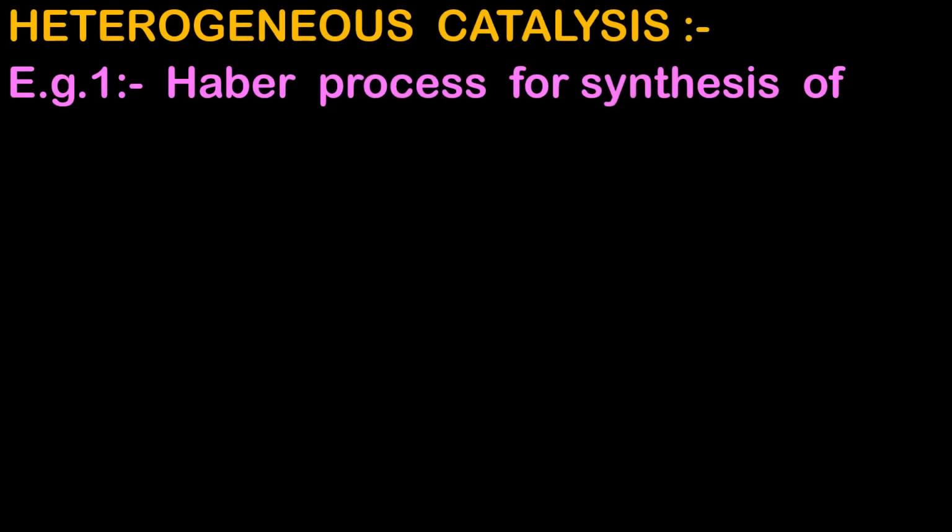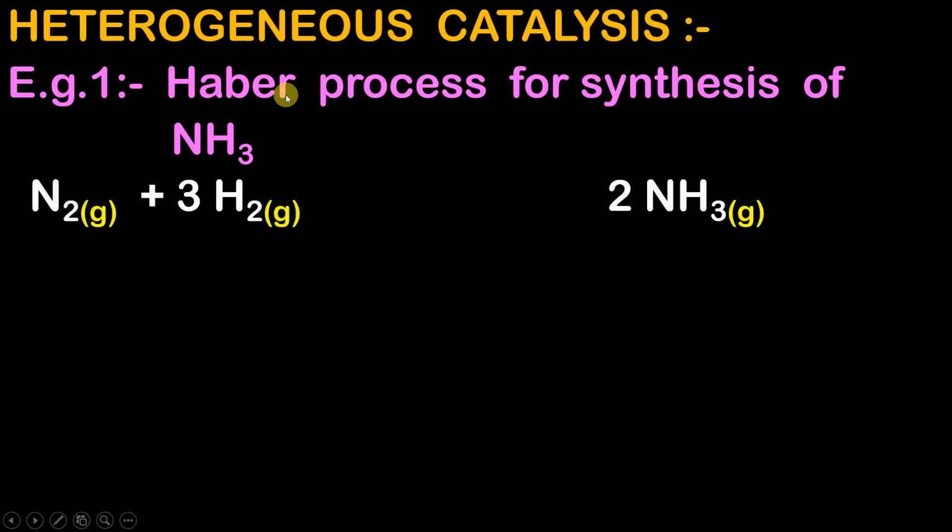Now moving on, let's understand one example of heterogeneous catalysis also. Here we are going to consider the Haber process for synthesis of NH3. This is the reaction in front of us, and you can see Fe is present in the solid state, and Fe is going to act as a catalyst over here.